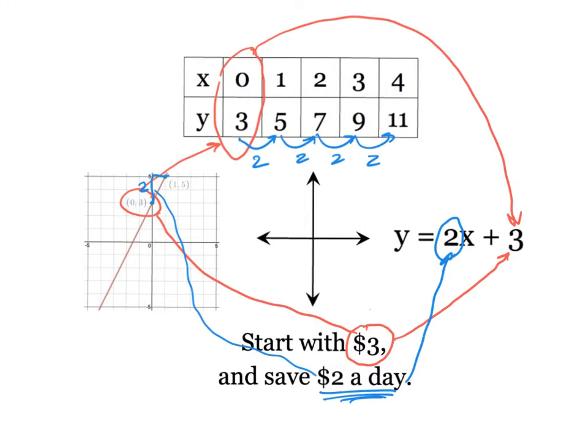So that's what we'll be doing. This is a concrete example, where I might give you an equation and ask you to come up with a situation. I could give you a graph and say, can you come up with an equation? I could give you a situation and say, can you make a table? I could give you the equation and ask you to make the graph. So we're going to have to be able to move between all of these.